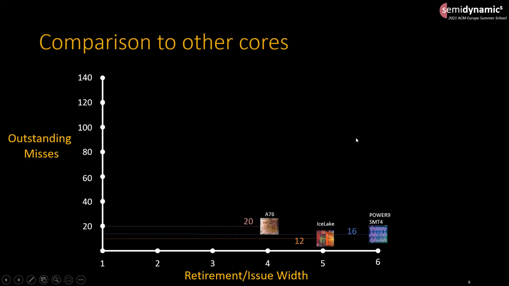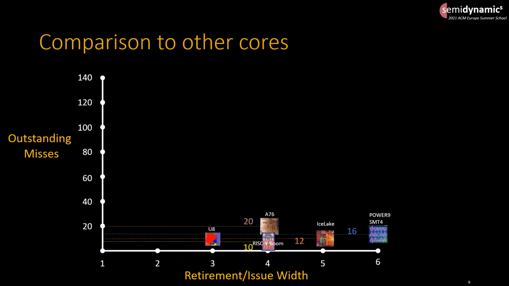Then in the RISC-V world, the information is not so available. We know, for example, that the Boom designed by Berkeley, a 4 wide out of order core, can do 10 outstanding misses. SiFive announced a core called the U8, recently re-announced as the P550.